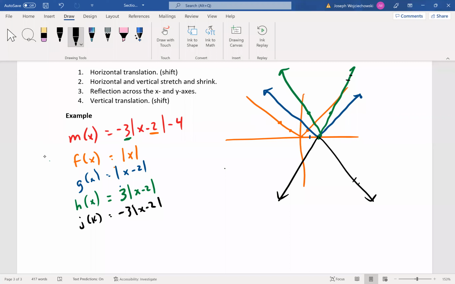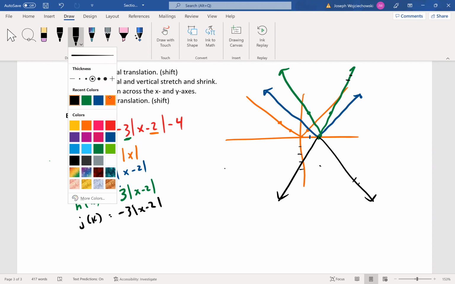And then lastly, I'm subtracting 4, which is vertical translation. And subtracting means to shift downward. So 1, 2, 3, 4. And we can go back to our original red now. And there we go.